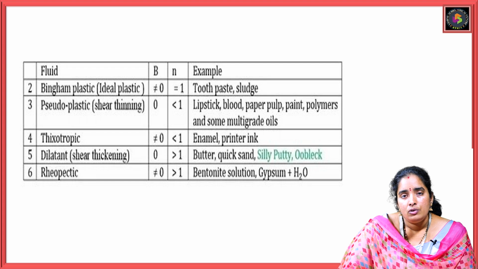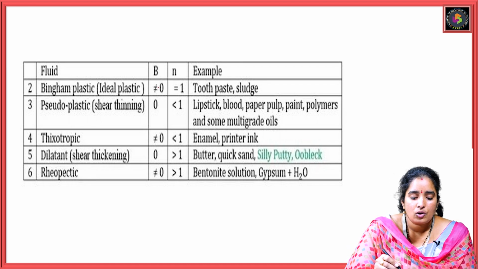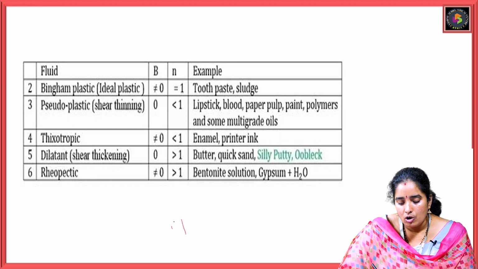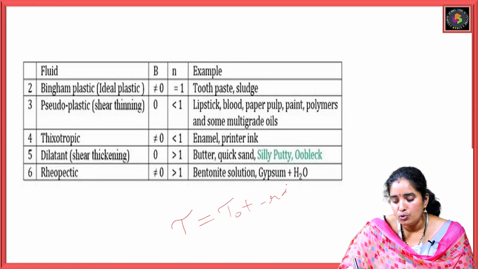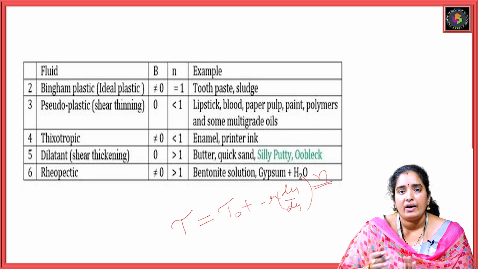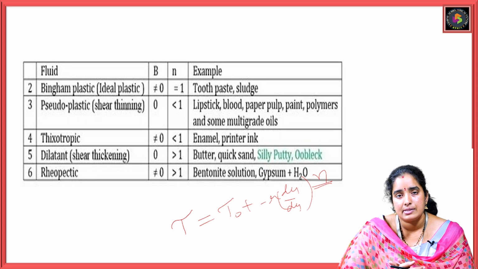For Newton's law of viscosity, Newtonian fluids have the yield stress equal to 0. If it is not equal to 0, we call it a Bingham plastic, where n is equal to 1. And thixotropic, which is not equal to 0. They are all based on Newton's law of viscosity only, which is expressed as tau equals tau naught plus or minus mu times (du by dy) whole power n. So based on the n value, the different types of fluids are classified.